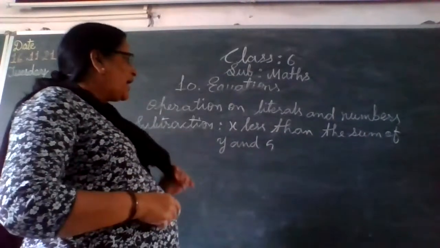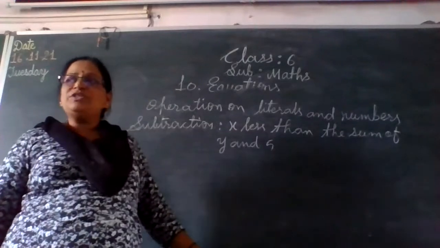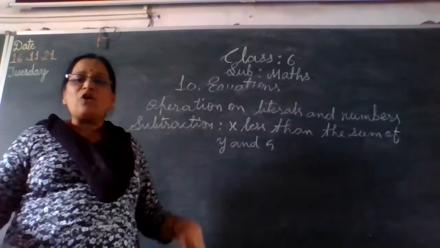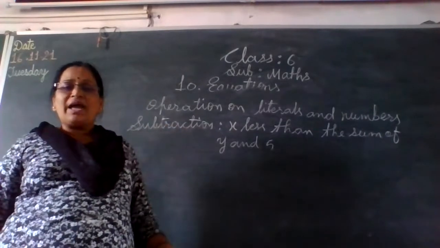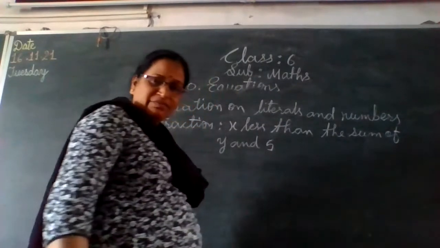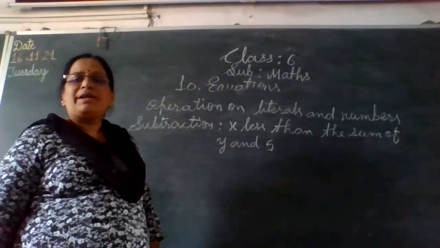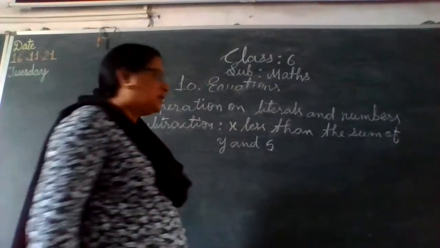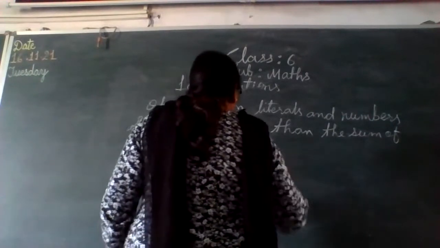So what is the question? X is less, means you have to subtract X from what? The sum of Y and 5. So first you have to find the sum of Y and 5, and then subtract X from it. So first we will find the sum of Y and 5.